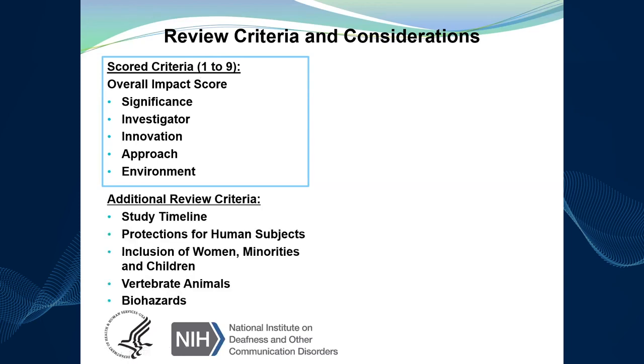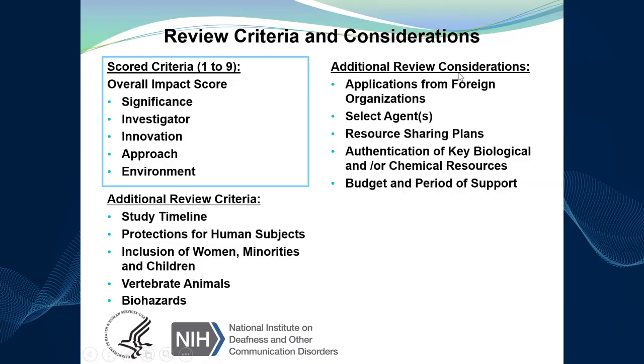They're also going to think about these additional review criteria, which include study timeline, protections for human subjects if you're performing human subjects research, and these other items, and will also provide a written assessment of these, but no numerical score. And then they're also going to think about additional review considerations, which are listed here.